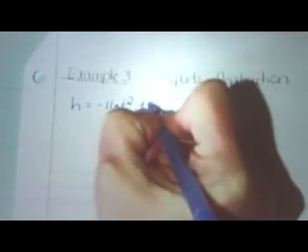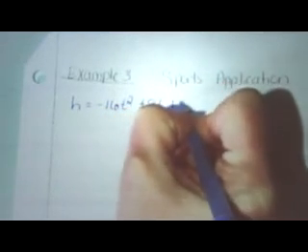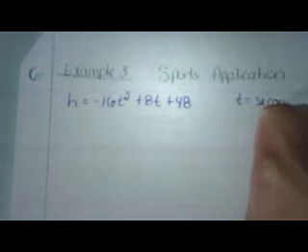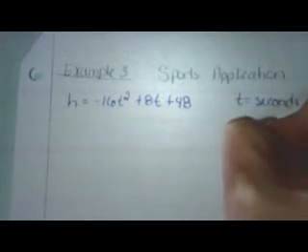Okay? So the first thing I always tell you to do is write your function down. Okay, we wrote our function down. What I'm going to do from here, it tells me that t is our time in seconds and h is the height.